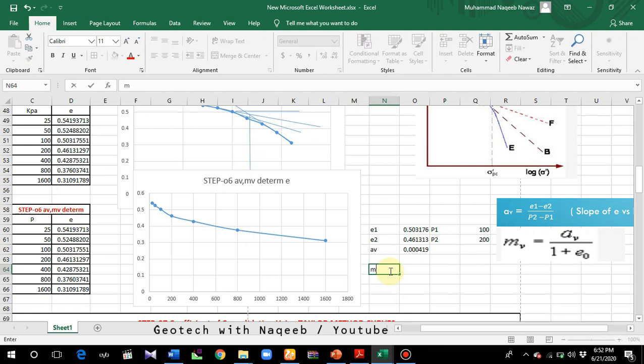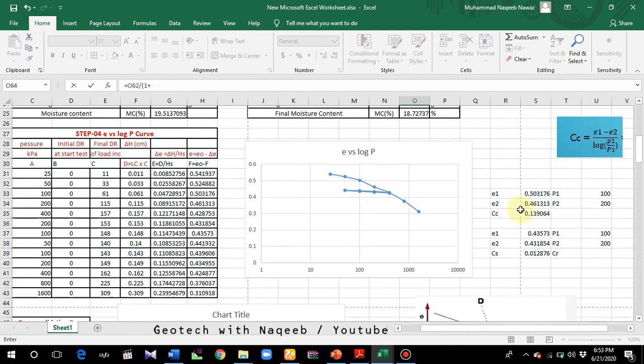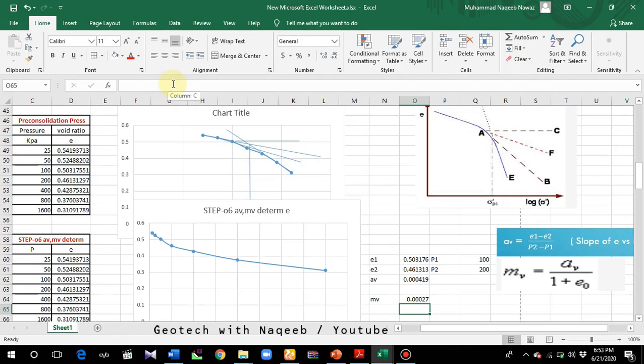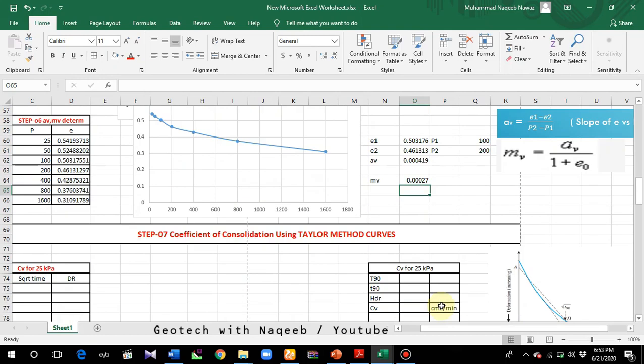So m sub v equals a sub v, this one, divided by 1 plus e naught. We have here the value of e naught. So the bracket will be closed and we have m sub v here. So this is the m sub v value. I'm not considering the unit.